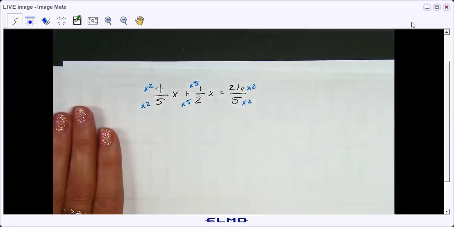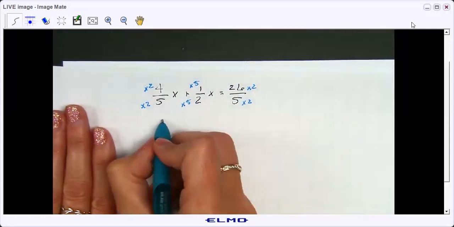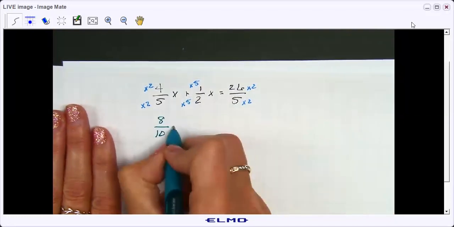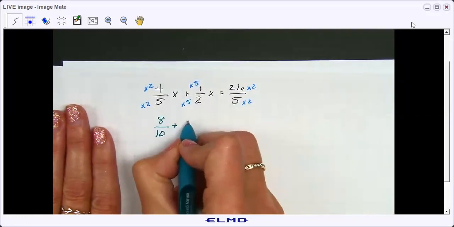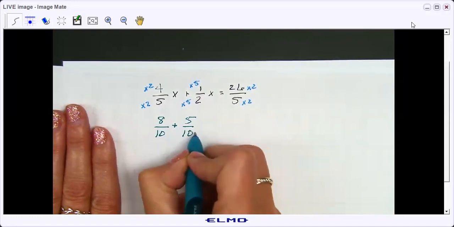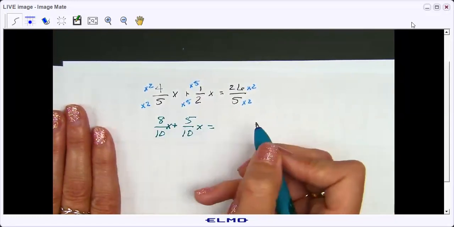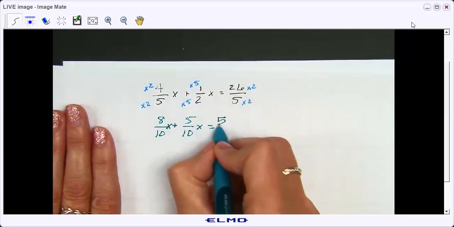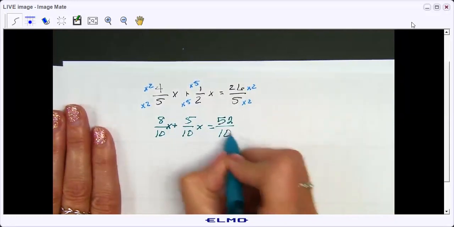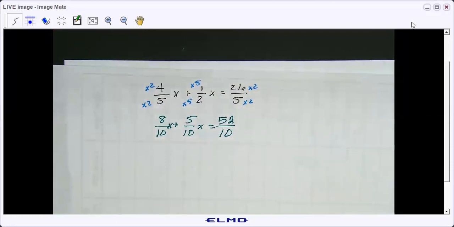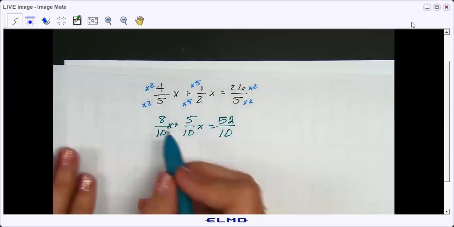Okay, so I have 8 tenths plus 5 tenths, oh, x, can't forget my x, equals 52 tenths. Okay, so now I combine my like terms.